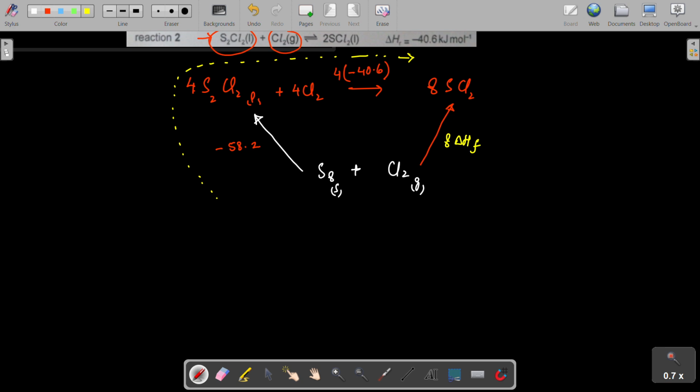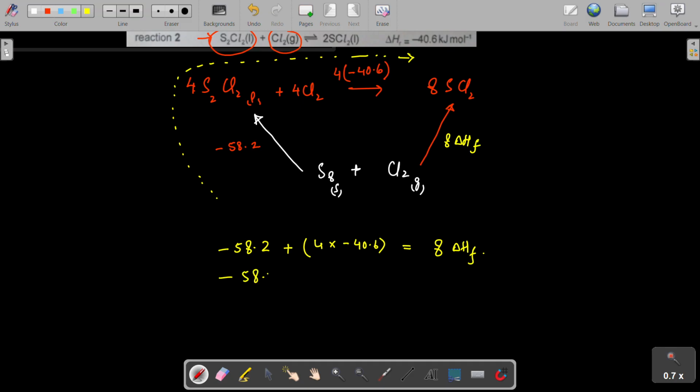So let's put the values here. You can see minus 58.2 plus 4 times minus 40.6, that will be equal to this one, that is 8 times delta H formation.